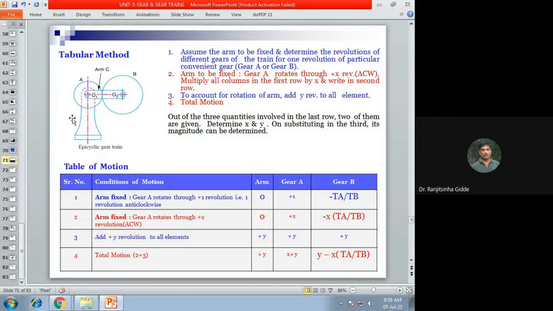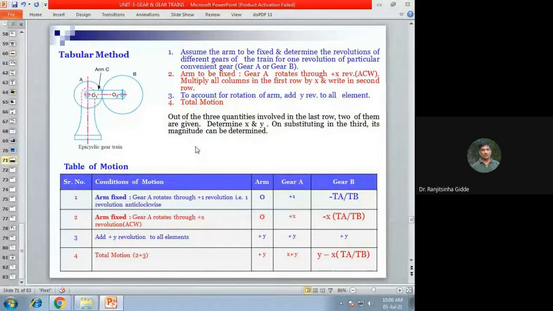Here, how many elements are there? Gear A, gear B, and the arm. Three elements are there. These two columns are fixed: serial number and the condition of motion. Again, if one more element is added, then one more column will be added at the right side.